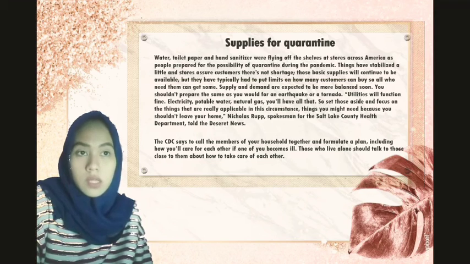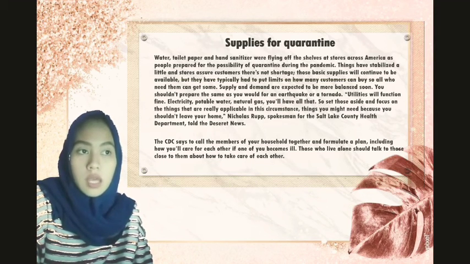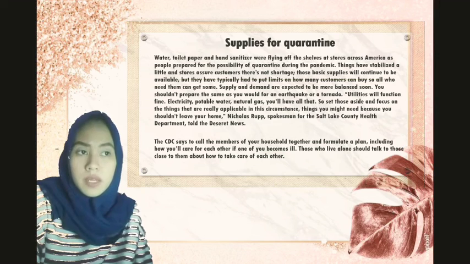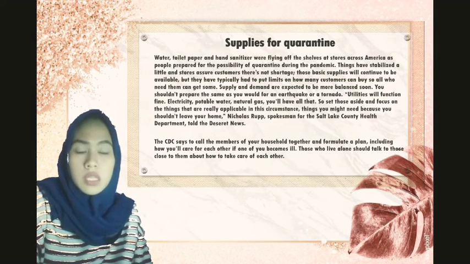Water, toilet paper, and hand sanitizer were flying off the shelves at stores across America as people prepared for the possibility of quarantine during the pandemic.